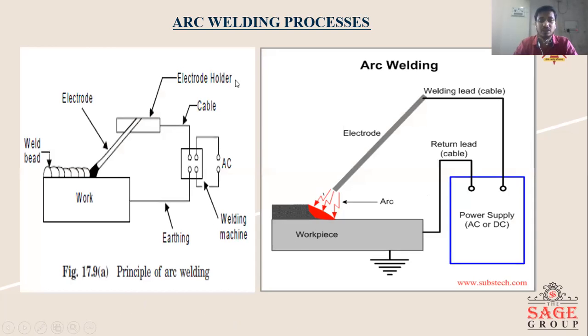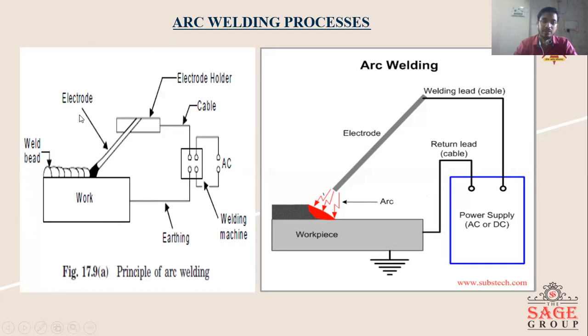So this is the diagram of arc welding, and here you will see that AC or DC power supply is given to the electrode as well as the workpiece, right?